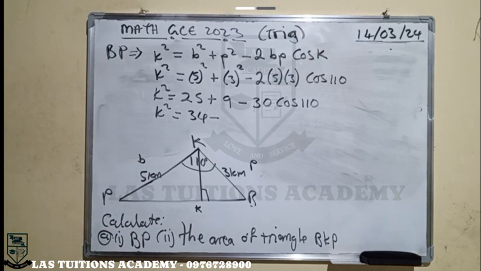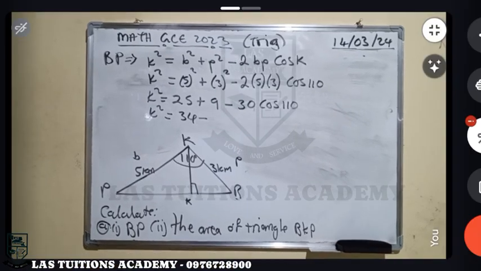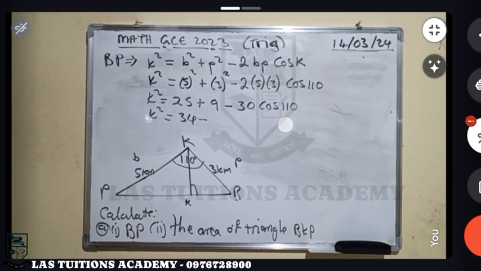Who has a calculator to help us with 30 cos 110? You begin with the cos 110, then you multiply cos 110 by 30. Anyone?